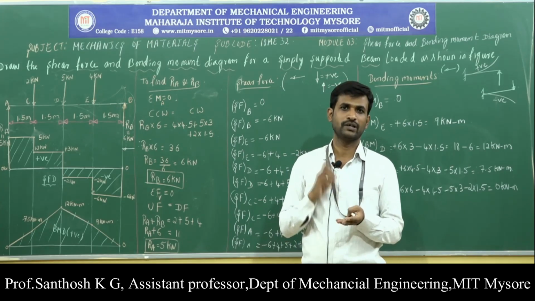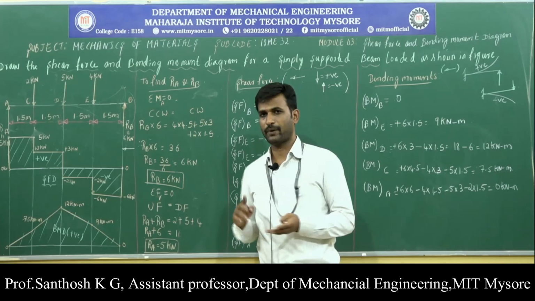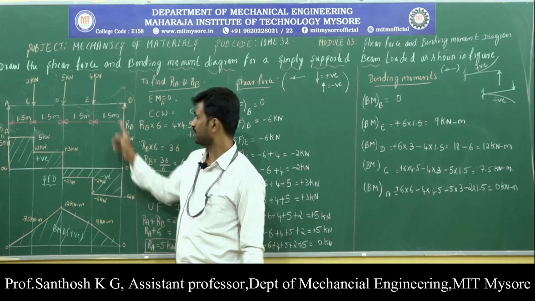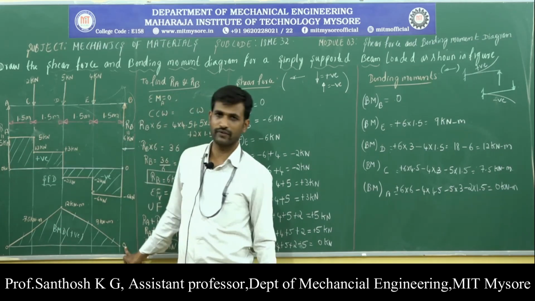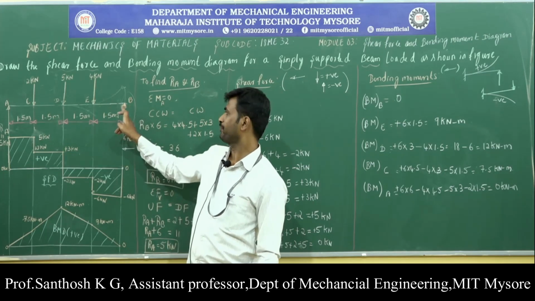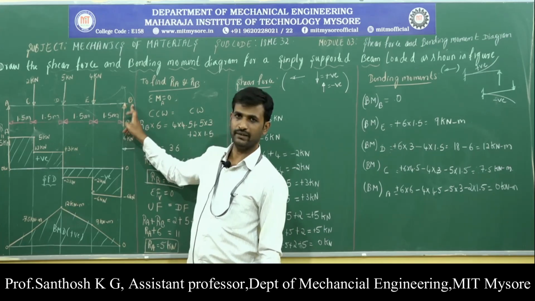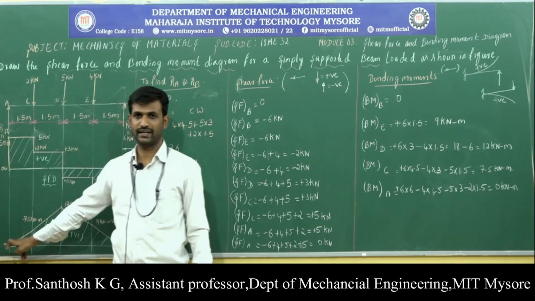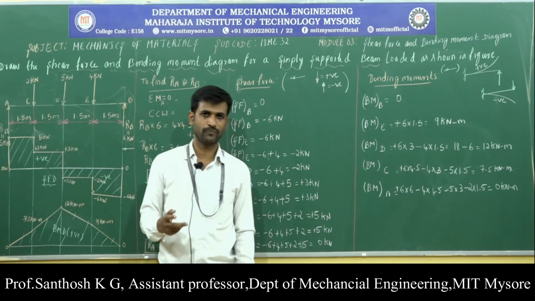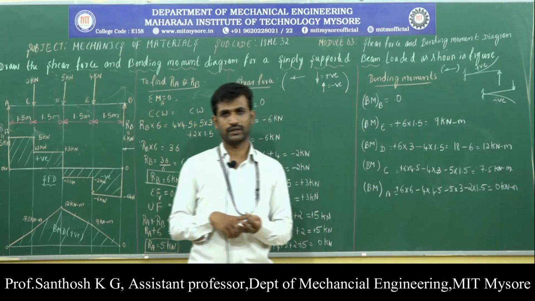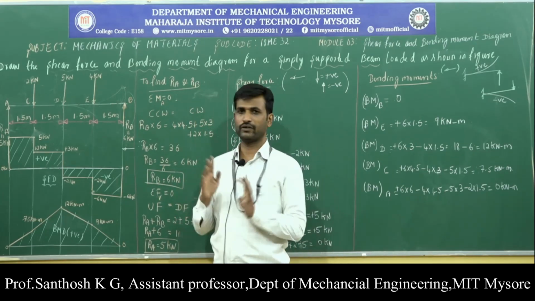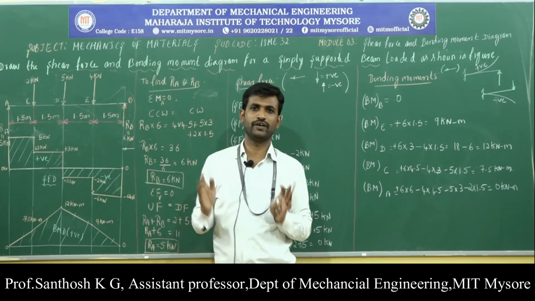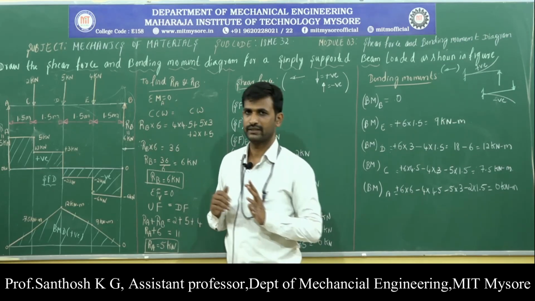This is the first point we should remember. The second point we should remember is that the moments at the end points are always 0. So the moment at the extreme right end B is 0, and the moment at the extreme left end A is also equal to 0. So whenever you try to find a bending moment diagram for a beam, at the ends we always get the value of bending moment as 0.